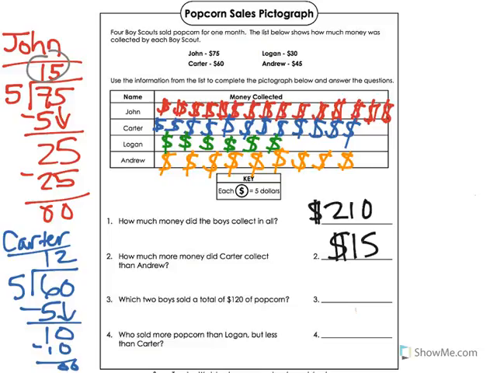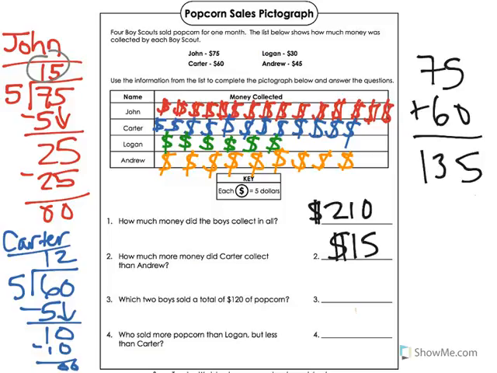Alright, so let's remind ourselves what John and Carter's were added together. So 75 plus 60. Well, 5 plus 0 is 5, and then 7 plus 6 is 13. So that's 135. So that's over what they wanted. So it can't be John and Carter.